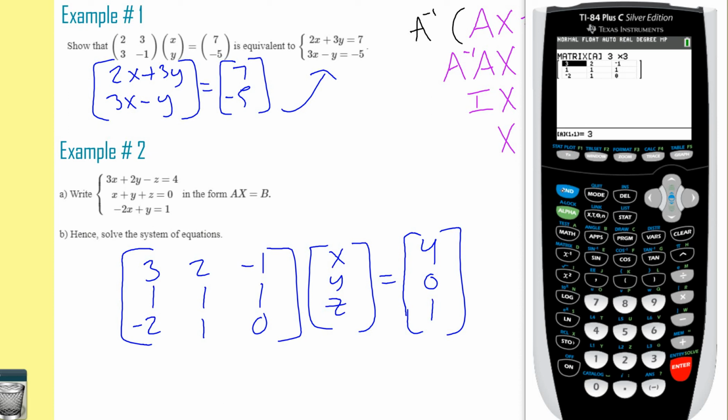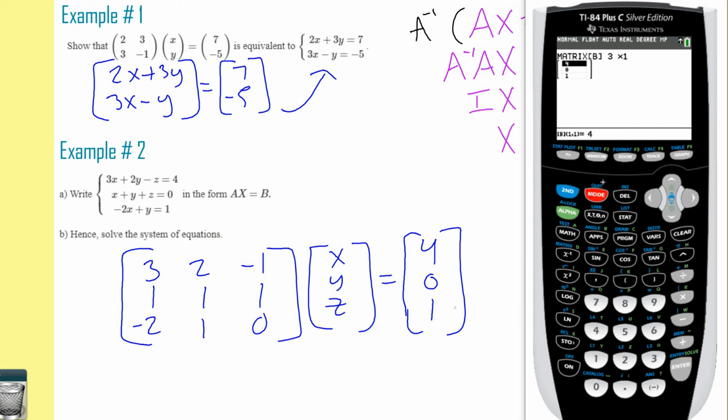Then we can go back, so second matrix, and let's edit, I need to go to the edit side. B is now a 3 by 1, and we type those in, so 4, 0, 1.